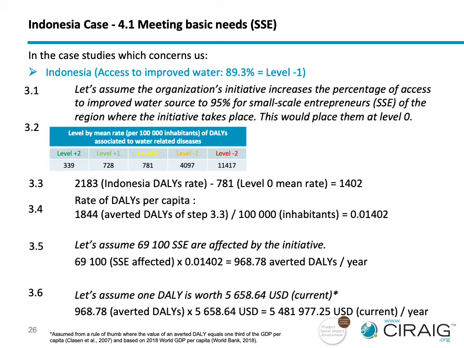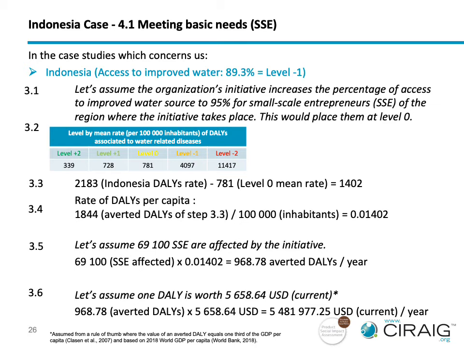Let's now assume that for Indonesia, 9,100 small-scale entrepreneurs are affected by the initiative. Multiplying it by the rate of DALYs, you get an amount of 968.78 averted DALYs per year.